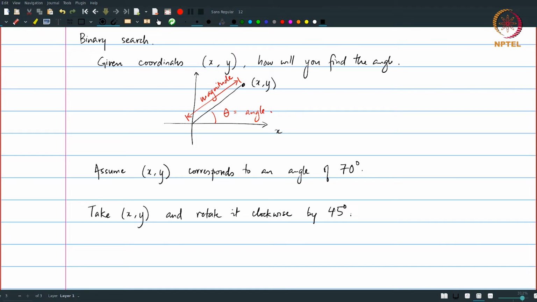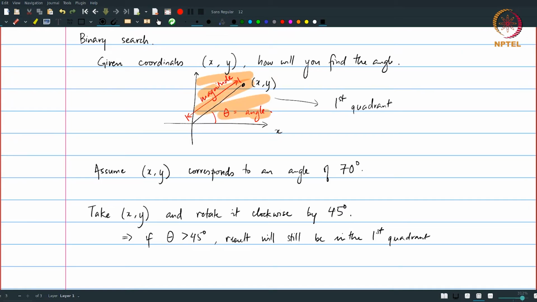Assuming that my angle is somewhere between 0 and 90 degrees, I would probably start by rotating it clockwise by 45 degrees. What would this mean? If theta was greater than 45, the result will still be in the first quadrant, where by first quadrant I essentially mean the region where x and y are both greater than 0.